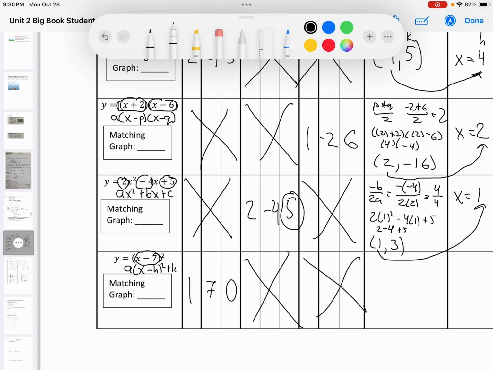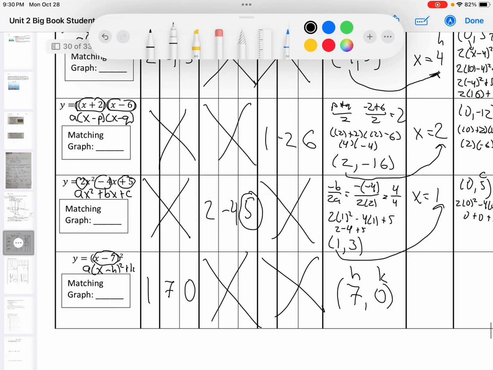For the vertex in vertex form, remember the vertex is (h, k), so in this case it would be (7, 0). For the axis of symmetry, once again, it's the x value of your vertex, so x equals 7.